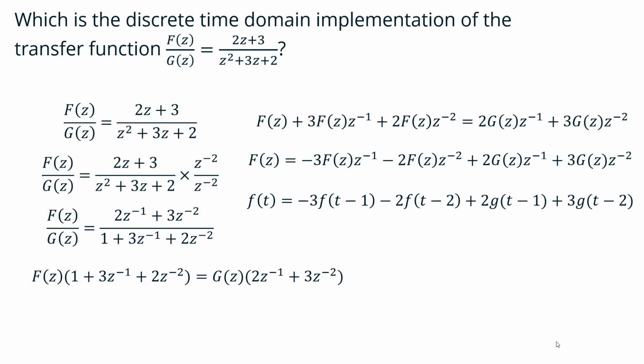Now, the problem is that you can't do the same thing with a positive exponent of z and move that into the time domain, because that would require you to be able to tell the future, right? You'd need precognition to do that, right?